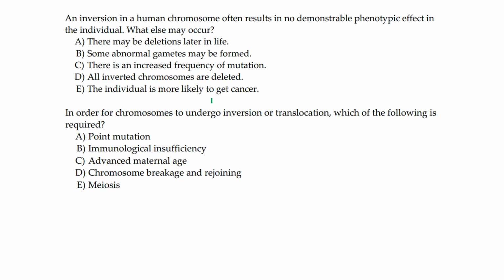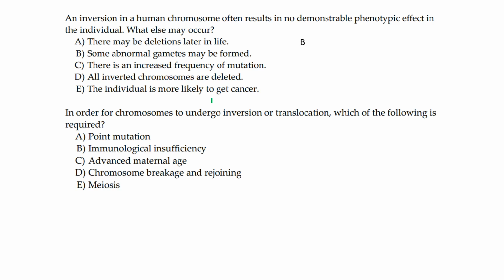But what happens to their chromosome? They might have abnormal gametes. You have watched the video. The gametes might be abnormal, and this will lead to miscarriage when they marry someone else, right?